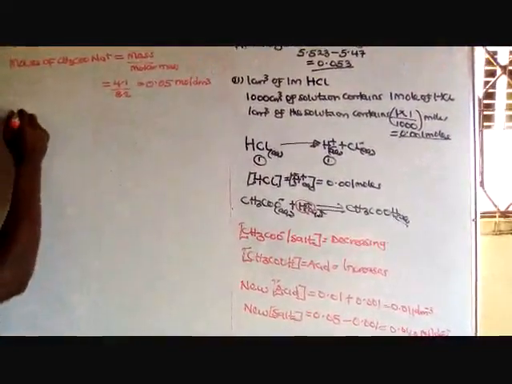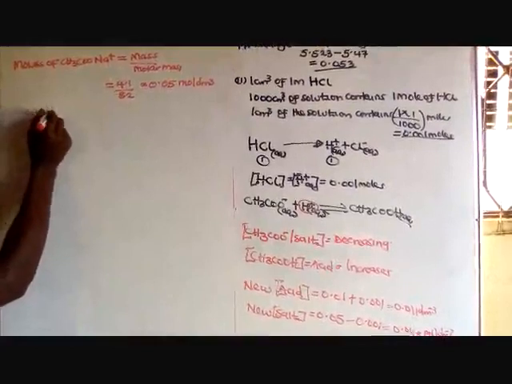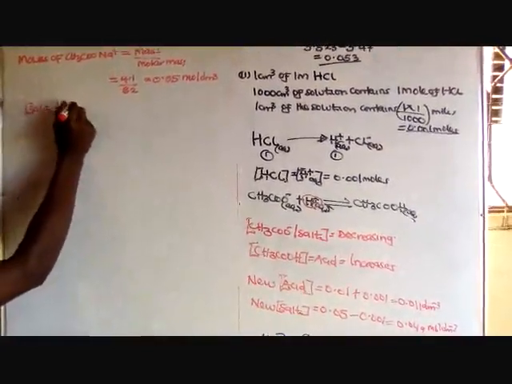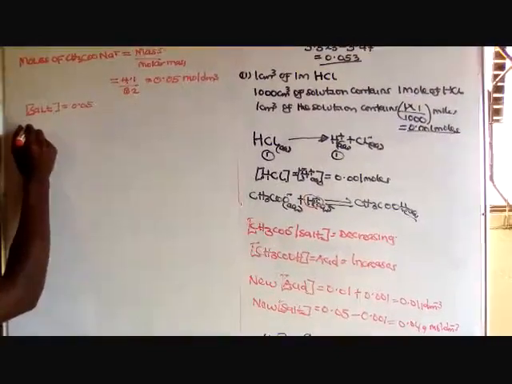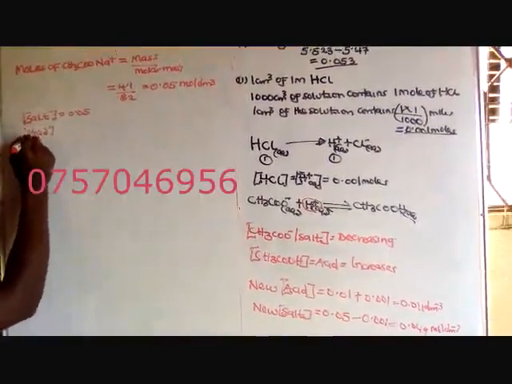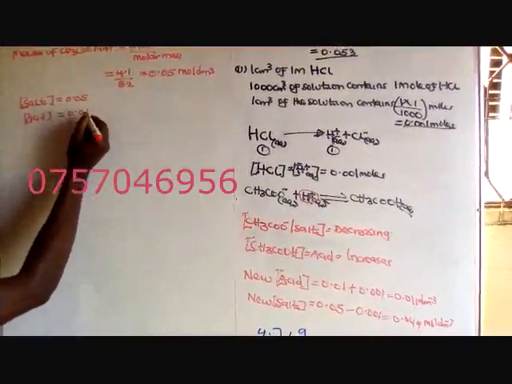Now remember, we have got our moles for the salt. Those are moles for the salt. That one will work as the concentration of the salt. That is 0.05. At the same time, we have the concentration of the acid, which was given in the question, which was 0.01.